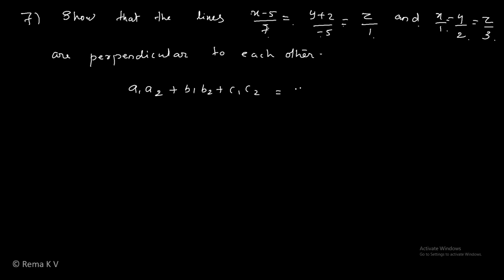The value is equal to 0. 7 into 1 plus minus 5 into 2 plus 1 into 3, which gives 0. Therefore, the two lines are perpendicular.